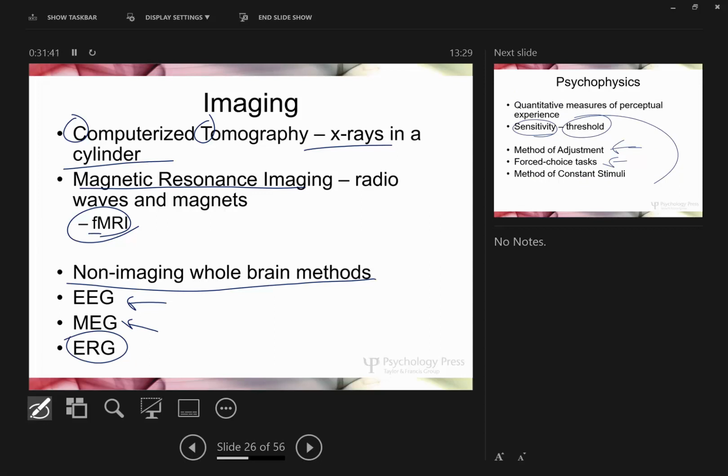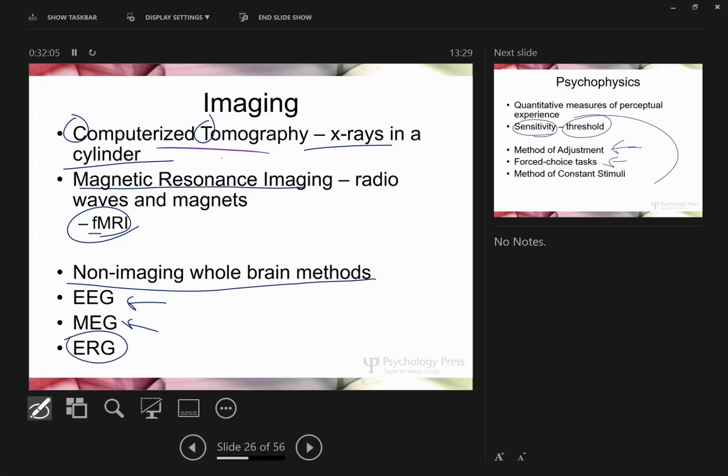Another method is imaging. Most of you are familiar with CT or MRI exams, fMRI. These are just different ways to image what's going on in the brain. There are a few other whole brain methods that you would do, like an EEG. If you've had a head injury and you've had to go to the hospital, they'll probably give you an EEG. If you've done a sleep study, same thing.